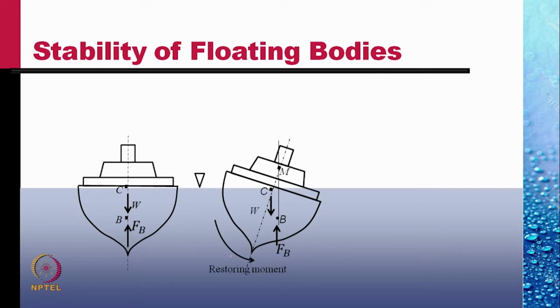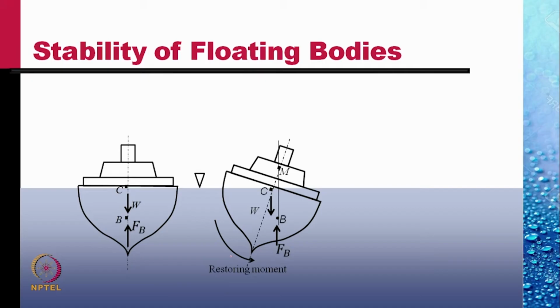If the ship tilts to the right, then the volume of the water displaced towards the right is more and the volume of the water displaced is less towards the left, and so the center of buoyancy shifts to the right.